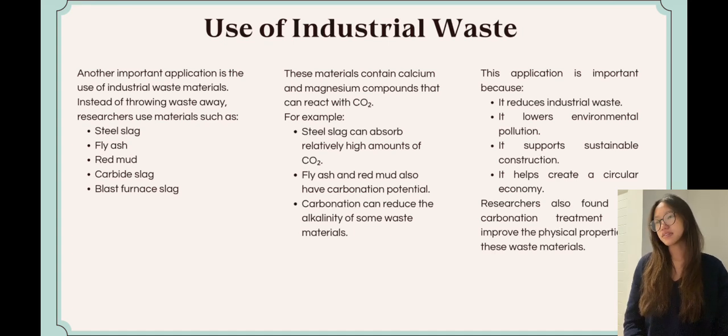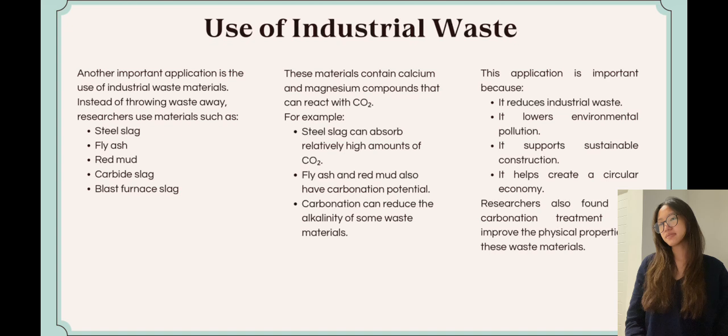Use of industrial waste. Another important application is the use of industrial waste materials. Instead of throwing waste away, researchers use materials such as steel slag, fly ash, red mud, carbide slag, and blast furnace slag.